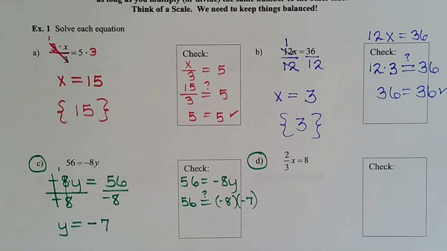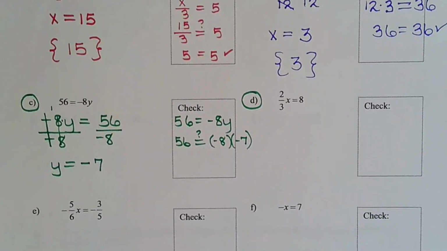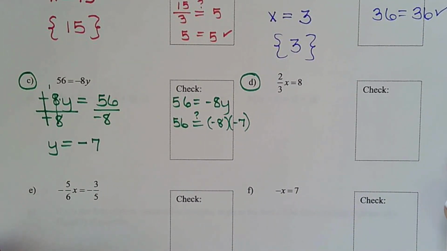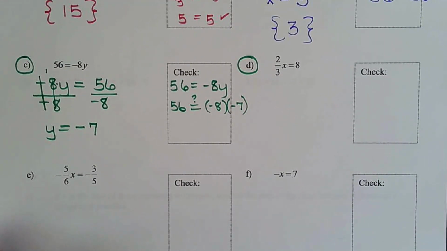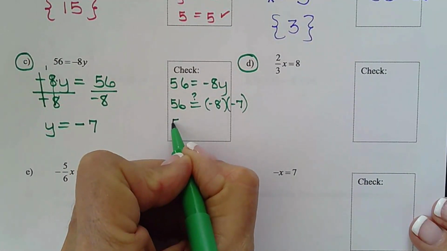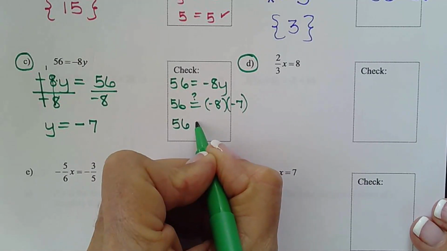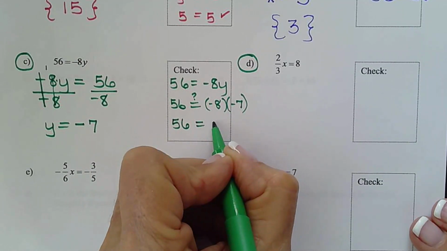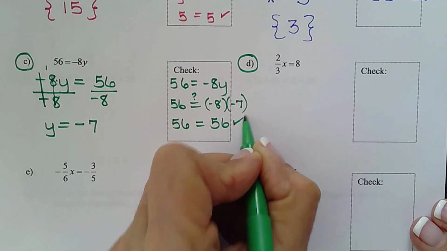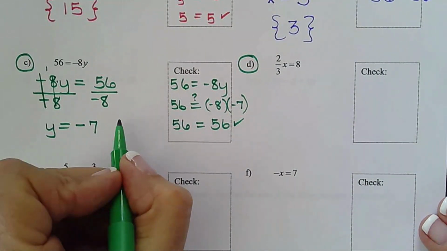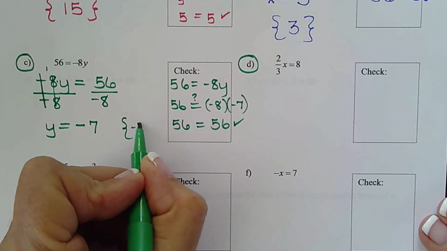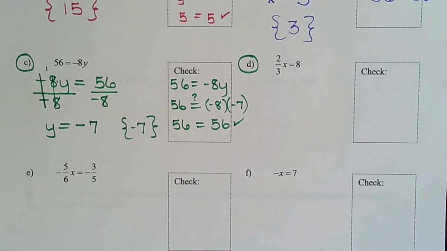I'm modeling the behavior that I expect to see on your test. So just FYI, make sure you show all your work. And all of that's in the syllabus, but I just want to make sure everybody knows. So 56 equals 2 negatives is a positive. 56, ding, ding, ding, ding. That means -7 is indeed my solution.